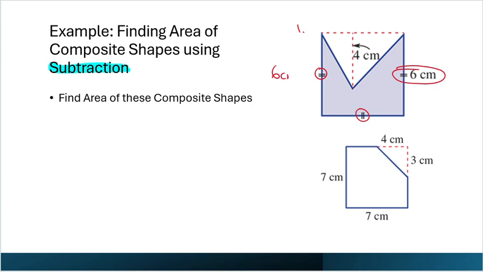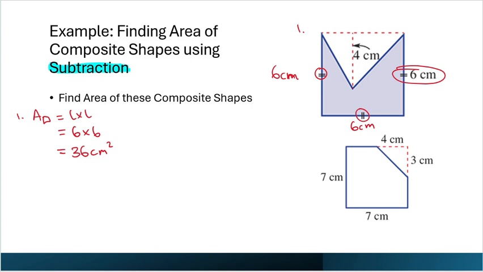That means this is also 6 centimeters. This is also 6 centimeters. That means this is a big square. So I've got a square here. So I need to find the area of the square. So that's pretty straightforward. Centimeters squared, just like that.